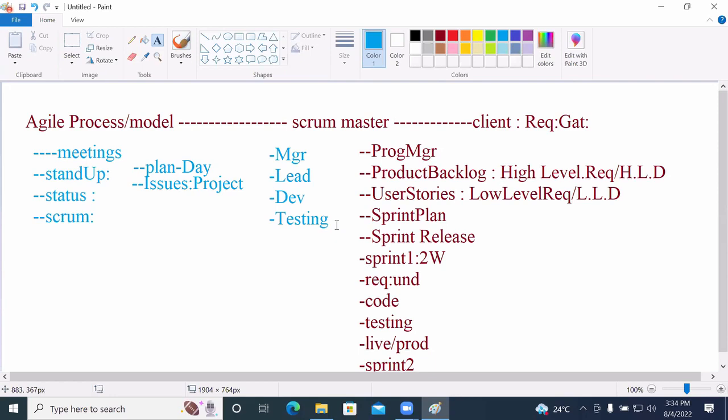Will that many chairs be available? You will not have that many chairs here. Because of that, all the people will stand and the meeting will be conducted. The meeting is a stand-up meeting. Very simple understanding.